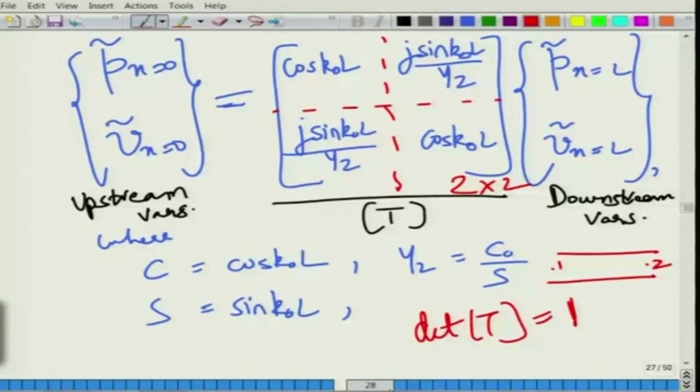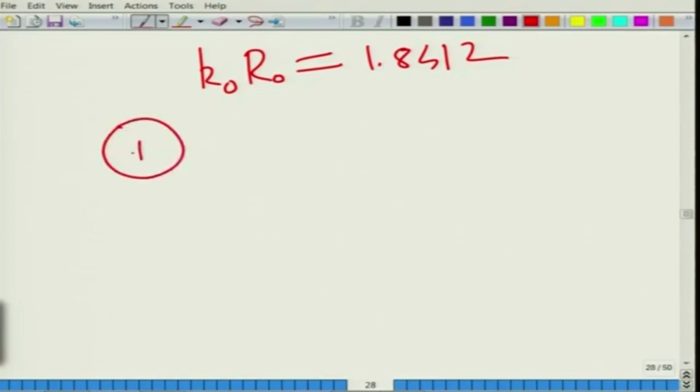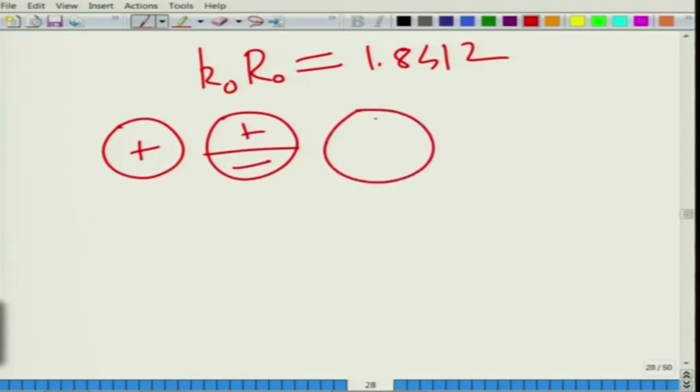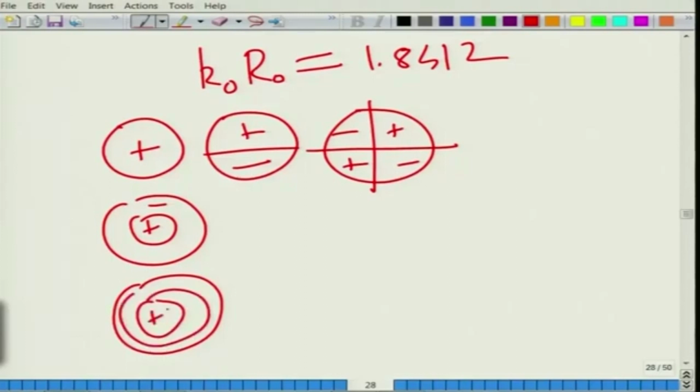If you recall the lectures from week 2, for a duct of radius r naught or diameter d naught, this was the plane wave mode, this was the first circumferential mode, this was the first radial mode, second radial mode and so on.